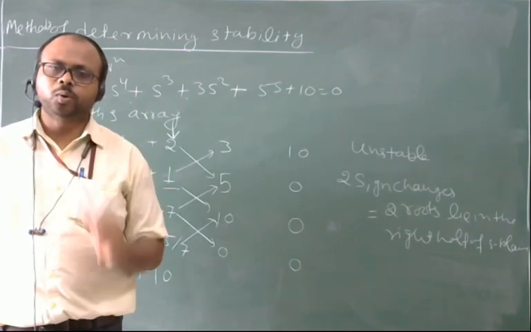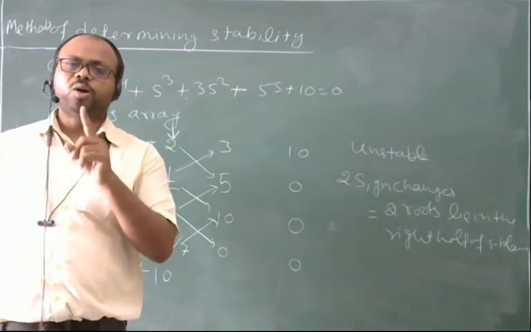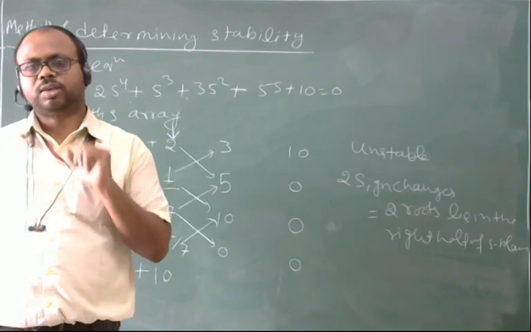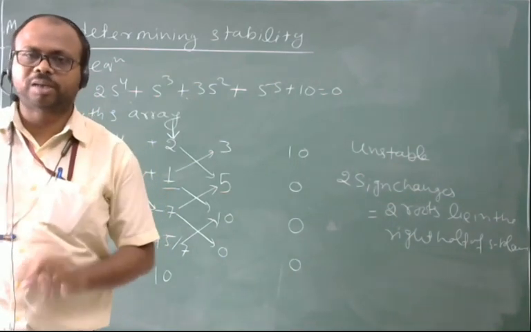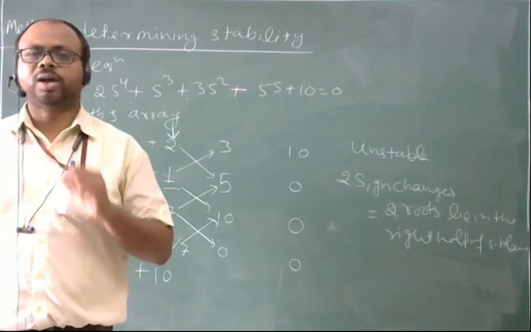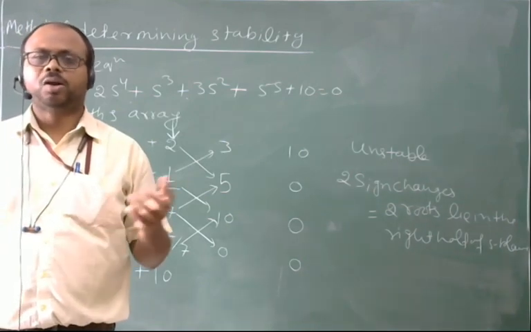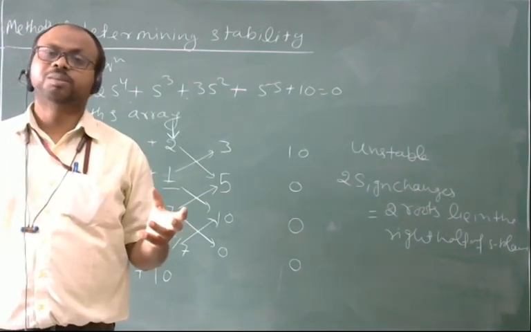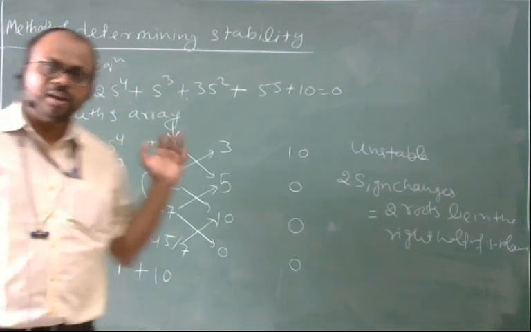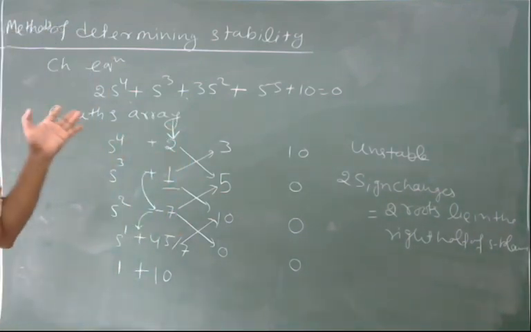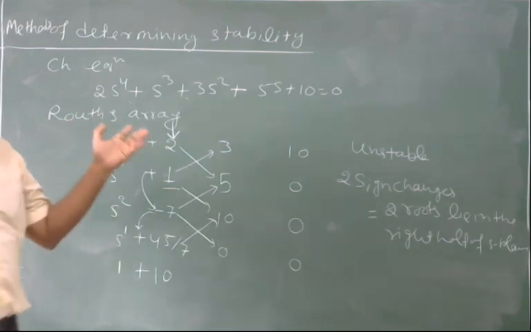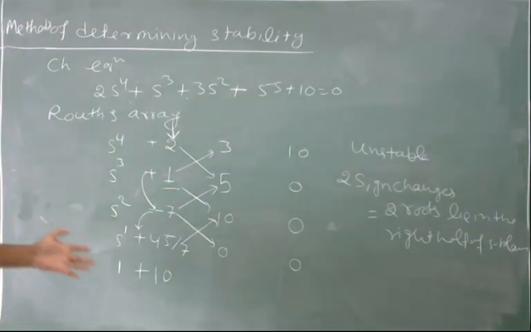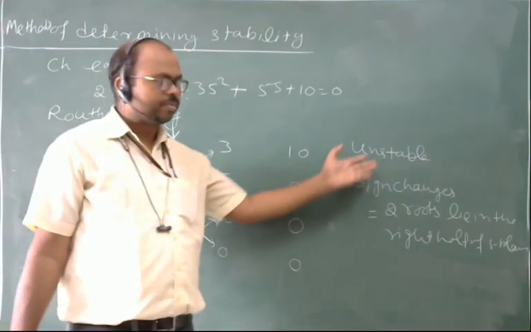And I told you, if any one of the conditions is not satisfied, then strictly I can say that the system is unstable. But if both the conditions are satisfied, then I cannot say that the system is strictly stable. Here both the necessary but not sufficient conditions are satisfied, but the system is unstable.